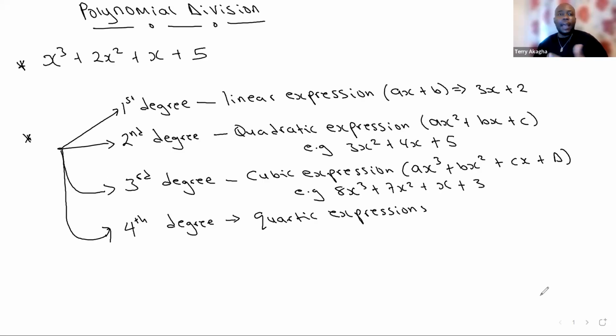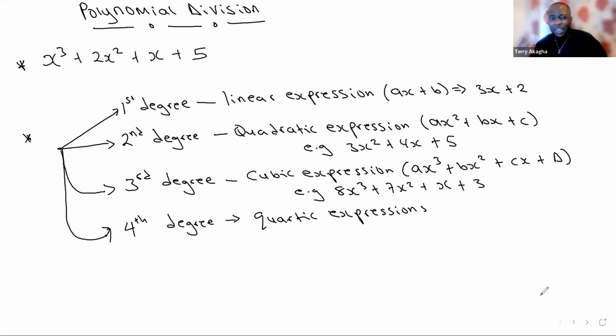Just a recap of what I've talked about. Polynomial division is when you have an expression involving powers of x, normally arranged in a descending or ascending order. I also talked about the types of polynomials, some of which have alternative names.